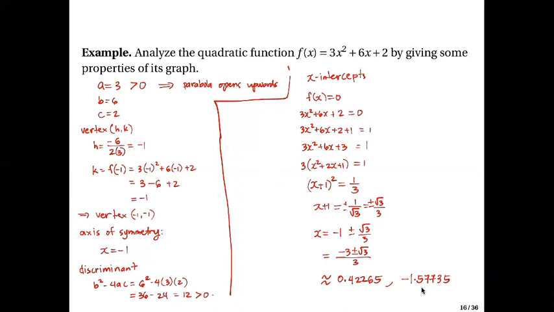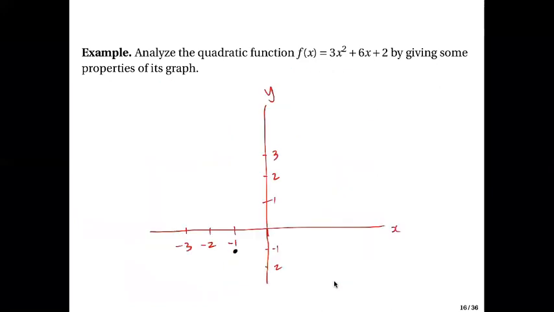Negative 0.4226. Oh, that's right. This guy here is negative. I forgot to put the negative there. So this guy here is negative 0.42265. So you have the negative. So now it's more correct. So negative 0.422 something.